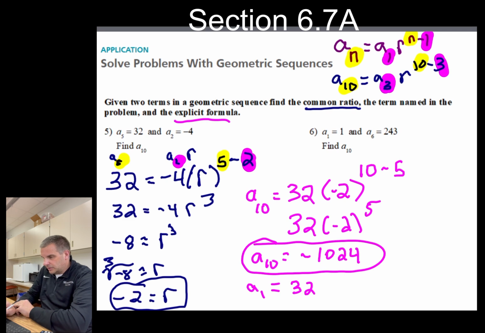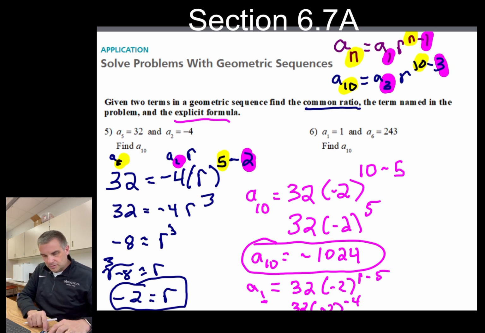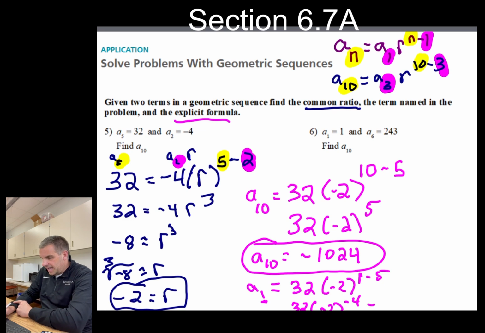32 times our ratio to the 1 minus 5. Now this time, because that 1 is my first one, 32 was my 5th term. So that's going to be 32 times -2 to the -4th. So -2 raised to the -4th, and then you take that times 32, and you're going to find that that is equal to 2.